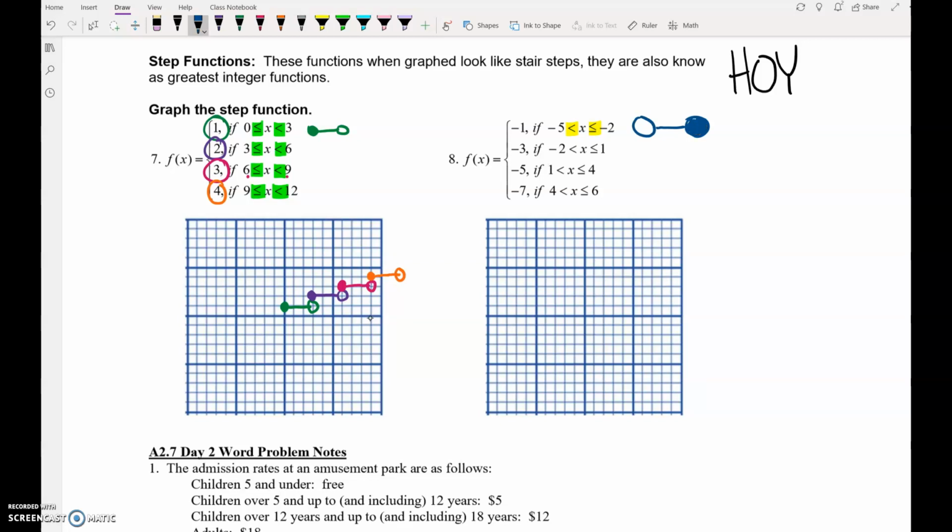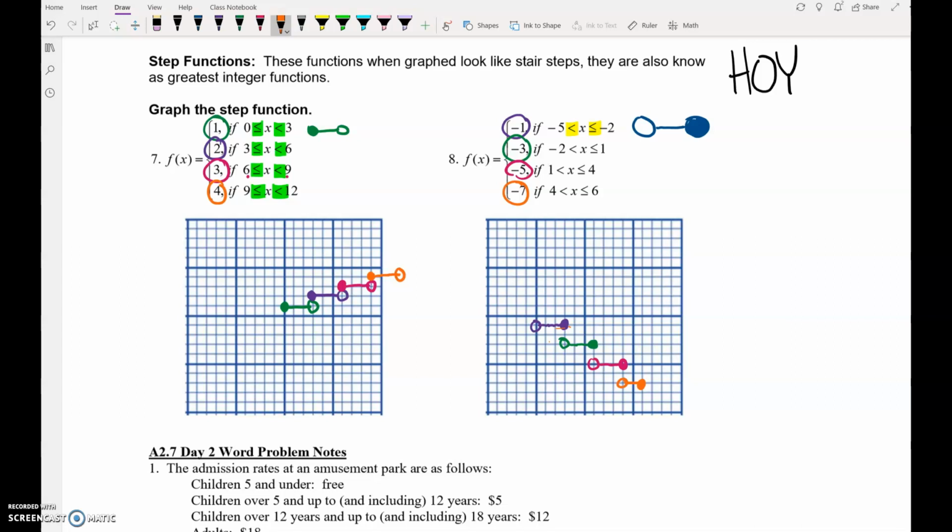So it's kind of backwards of what we had in number 7. You're going to have horizontal lines at -1, -3, -5, and -7 between specific values of x. So give that one a try on your own. Here's my answer. Notice I have horizontal lines at -1, -3, -5, and -7 between specific x values.